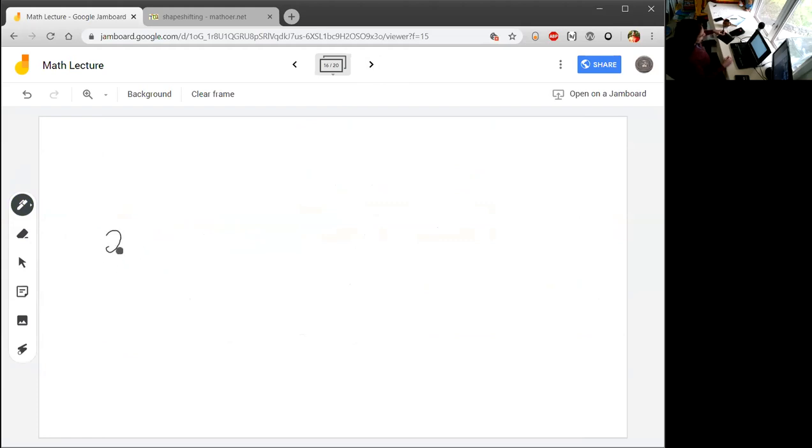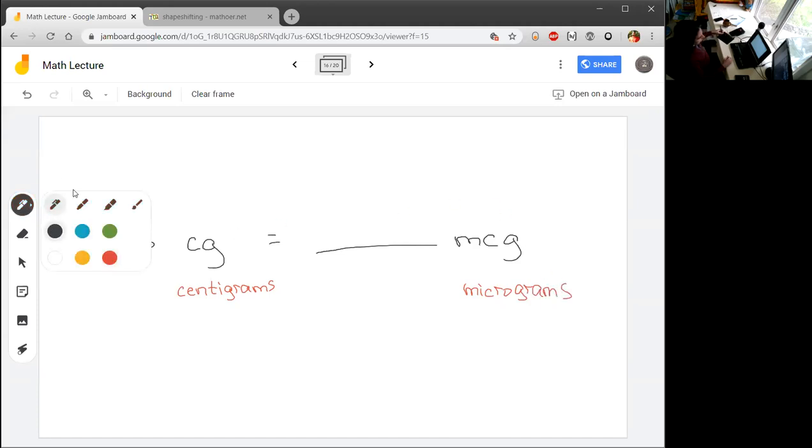So if we have 2.8 centigrams of medicine, and we want to change that into micrograms, then when I make my list, I can only use that list at the top of my prefixes for one thing at a time.